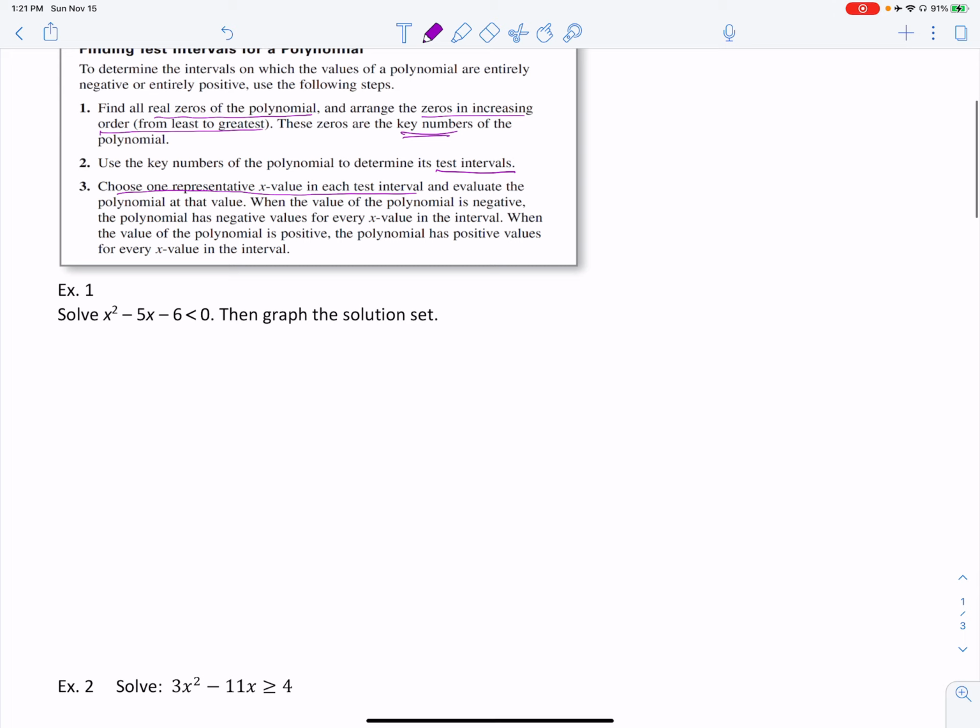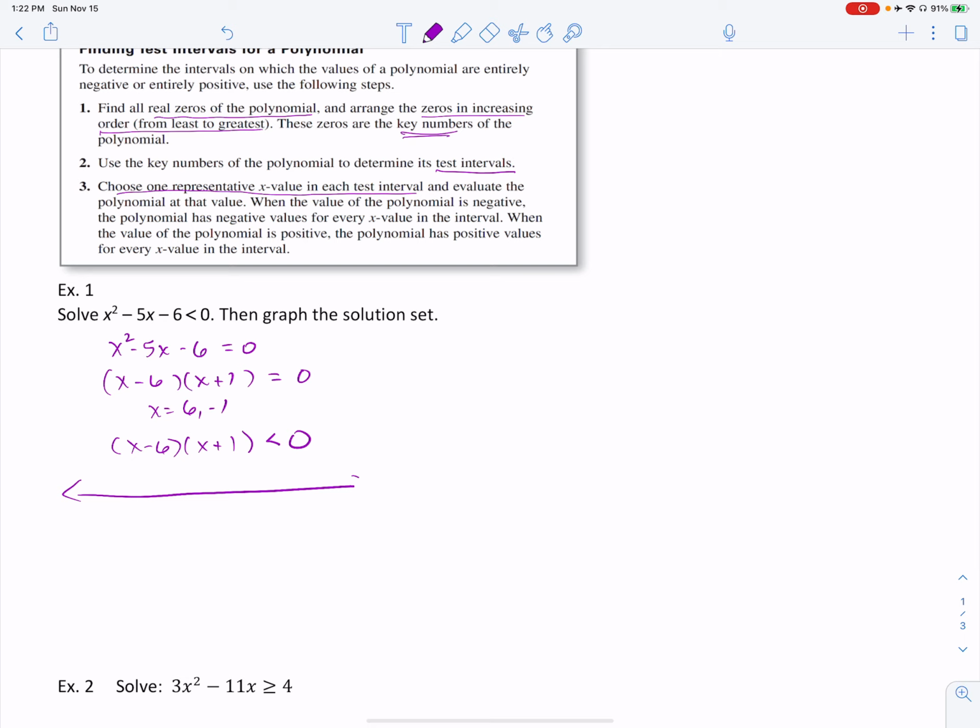So in this first example, I basically want to start by figuring out where this is equal to 0, which if I factor and I have an x minus 6 and an x plus 1, the zeros are x equals 6 or negative 1. Now, I'm actually solving where x minus 6 times x plus 1 is less than 0.